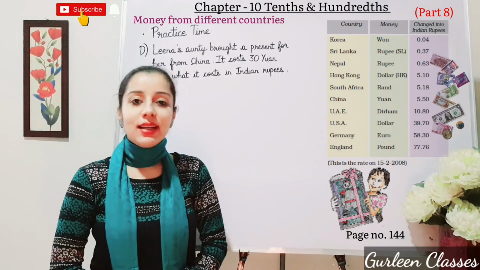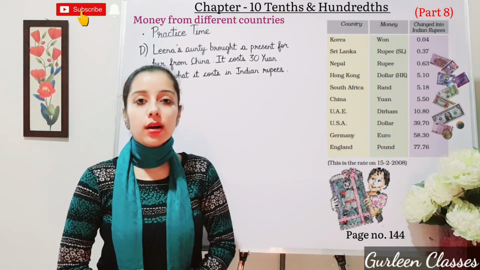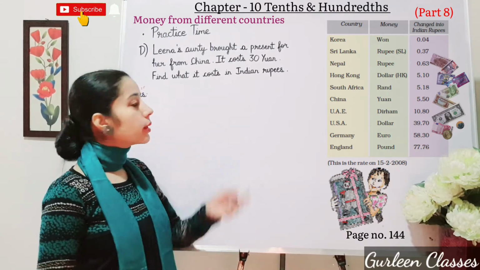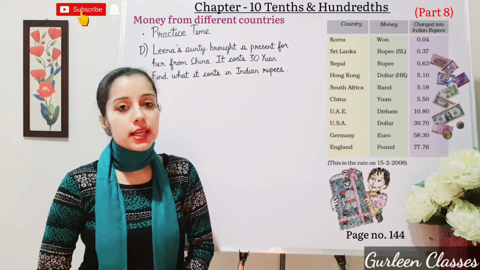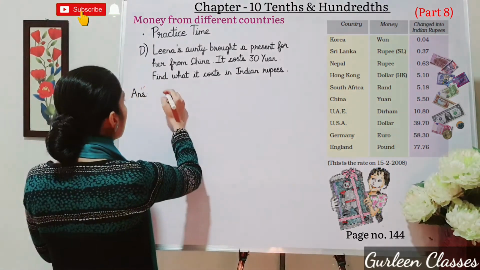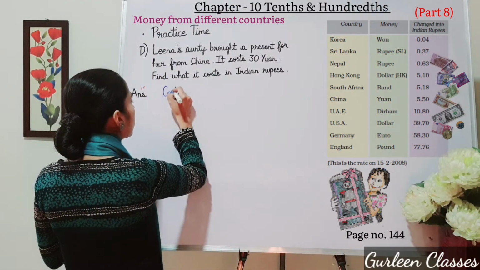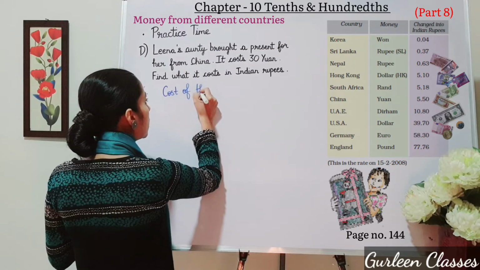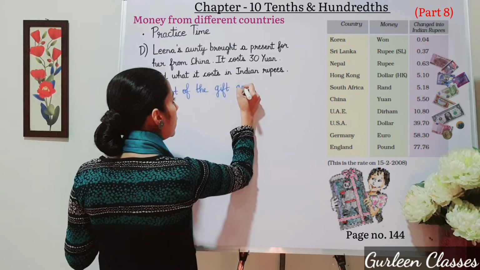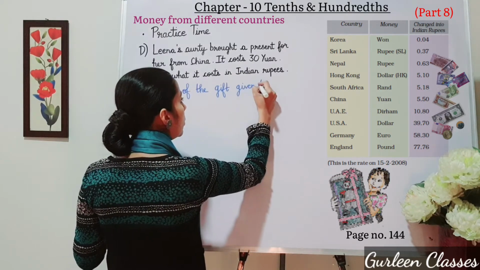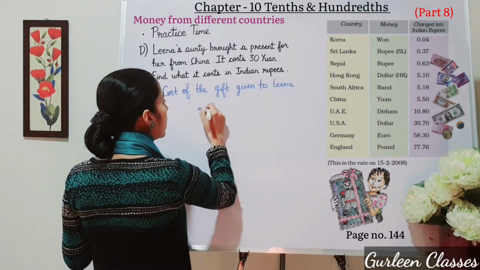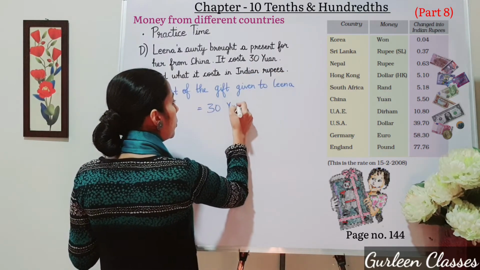Now D part, Lina's auntie brought a gift for her from China. It cost 30 yuan. Find what it costs in Indian rupees. So first let us write cost of the gift given to Lina. Cost is given 30 yuan.